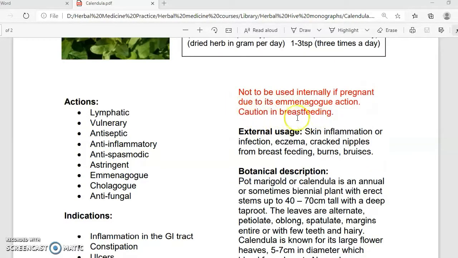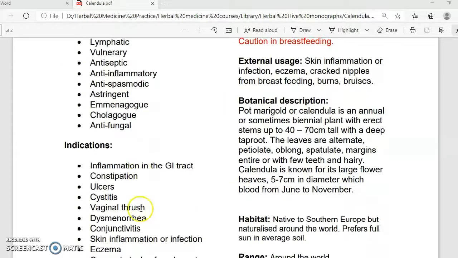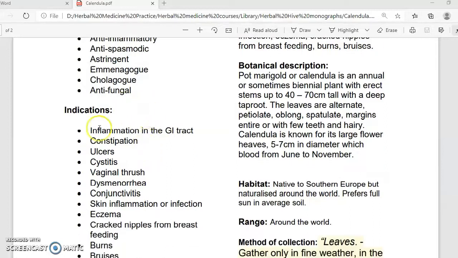There's also a caution in breastfeeding. And cholagogue, that means to increase the secretion of bile. And also antifungal, that's more so externally if you were going to use it in sprays and creams and all those kinds of things.